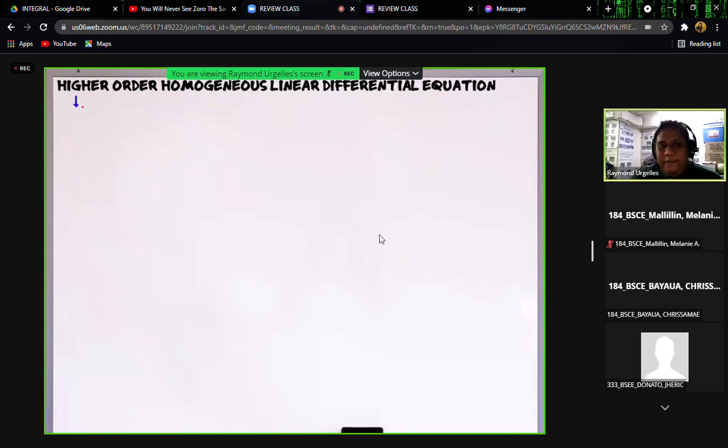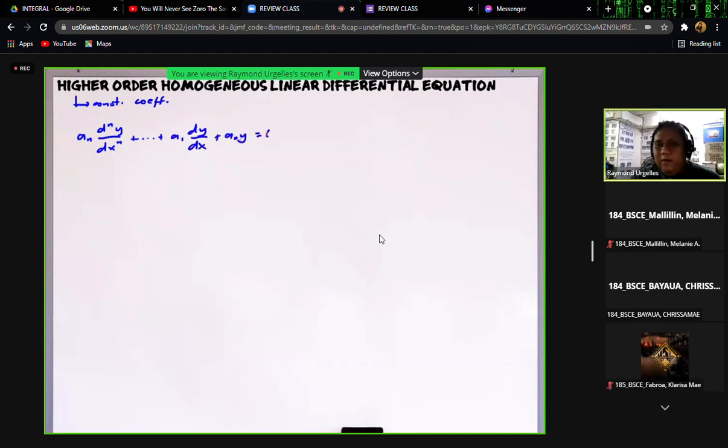So again, for a higher order differential equation with constant coefficient, okay? So again, so mula dun sa differential equation natin, so this is d^n y over dx^n, diba? So and so on, so hanggang, so A1 dy/dx, okay, so plus A sub 0 y is equal to 0.